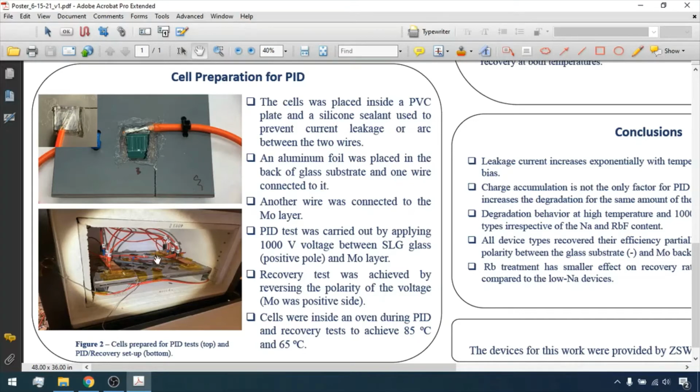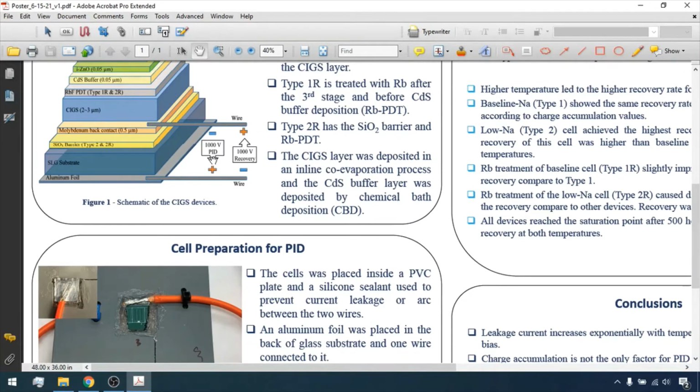Then we put the prepared cells inside the oven to reach the temperature during the PID and also recovery of the cells. We applied 1000 volts during the PID, and the positive pole was the back of the soda-lime glass, and the negative side was the molybdenum layer.